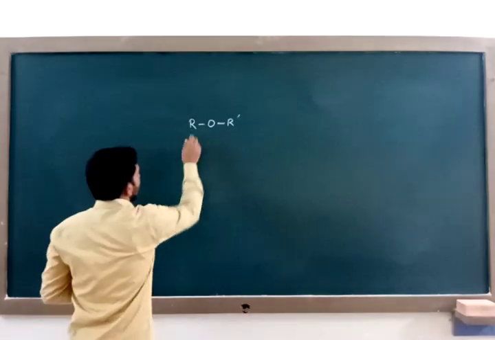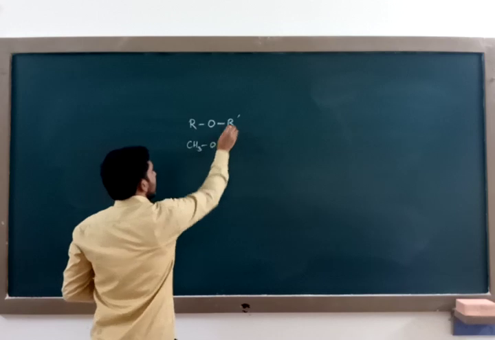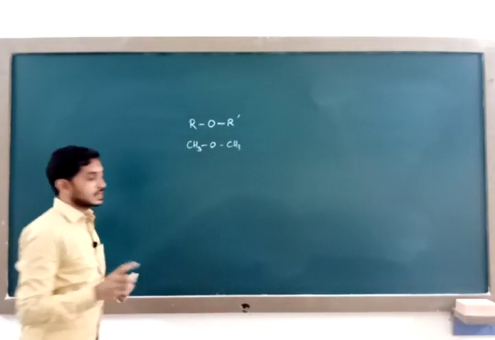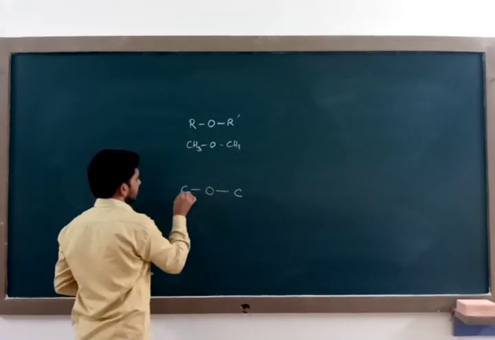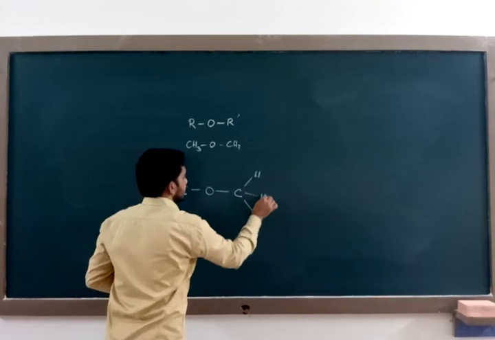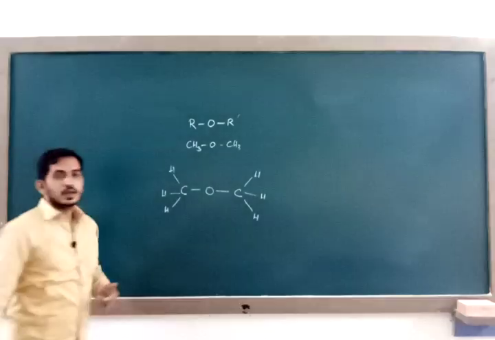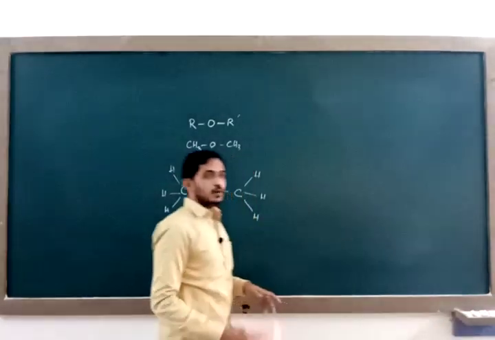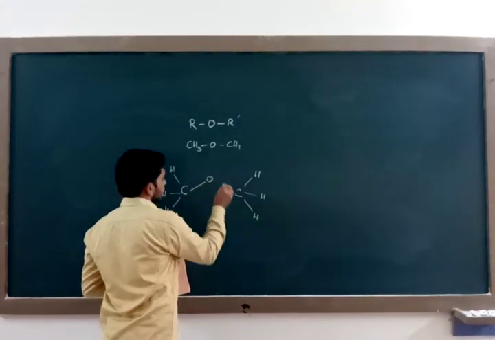If I consider R as CH3 and this R' also as CH3, then structure wise it is written in this fashion, and this is the wrong method. Ethers are not linear molecules.